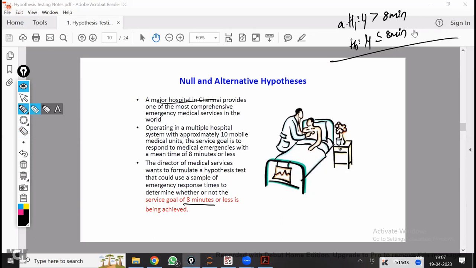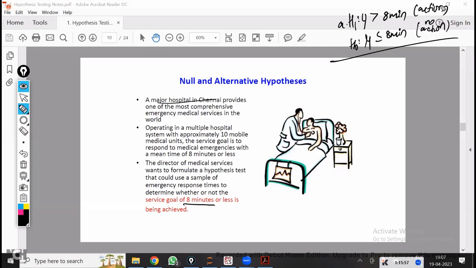If they're not able to reach that, they are going to take action. They'll identify the reason: ambulances are not there, doctors are not there, units are not there, or drivers are not there. What is the problem? They'll identify that later.